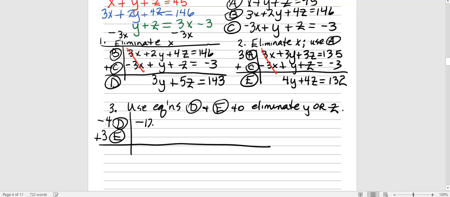So I get negative 12y minus 20z equals negative 572. Then I'm going to multiply 3 times equation E. So I get 12y plus 12z equals 396.